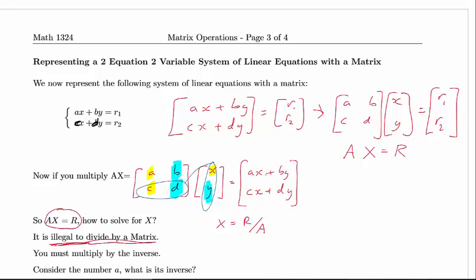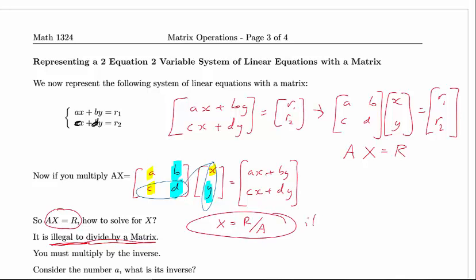And by illegal, I mean you can't do it. Stating it just simply means it's an operation that makes no sense. How would you divide one matrix by another? Like, what is the operator that would dictate that? It does not make sense. So again, you cannot divide by a matrix.